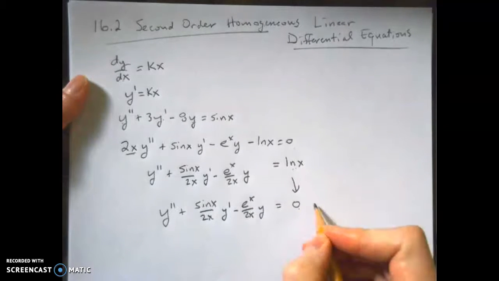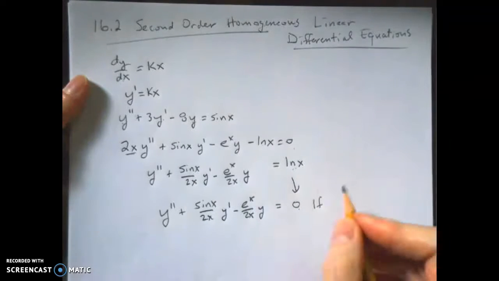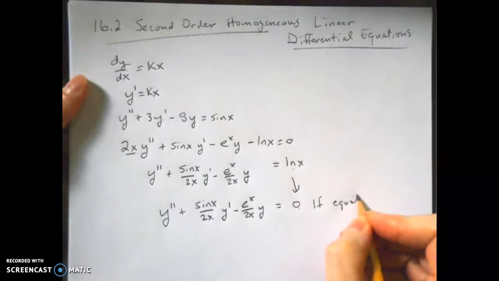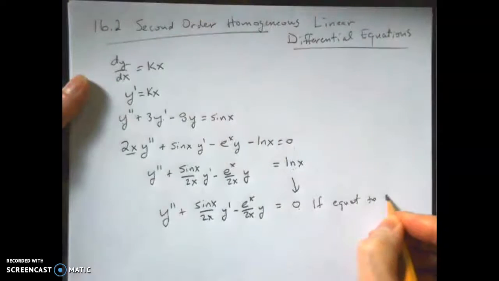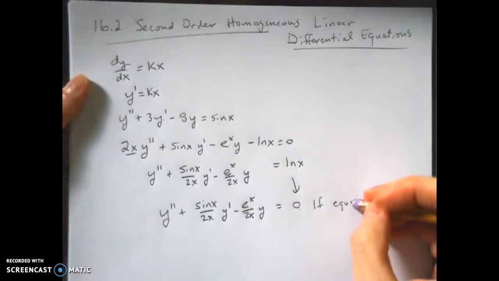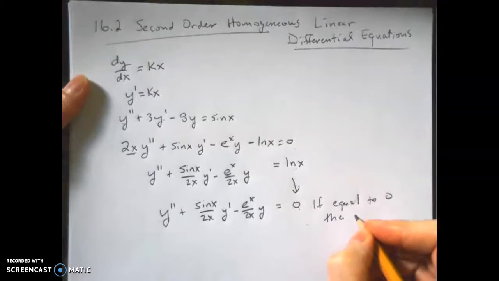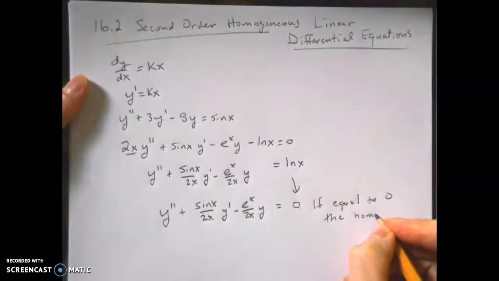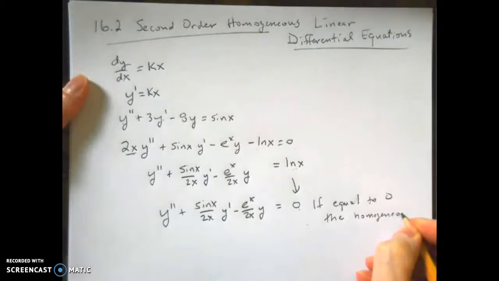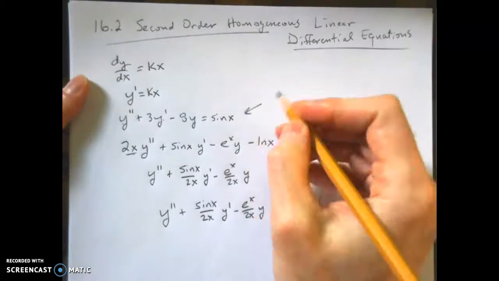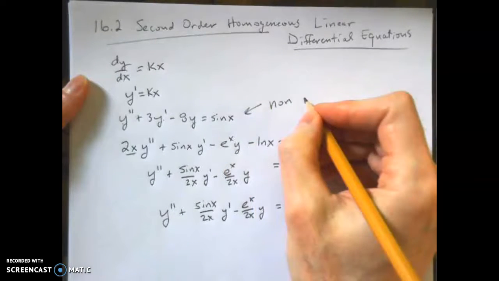This thing right here, if it's equal to 0, then we call it homogeneous. This over here, where we had it not equal to 0, was non-homogeneous.